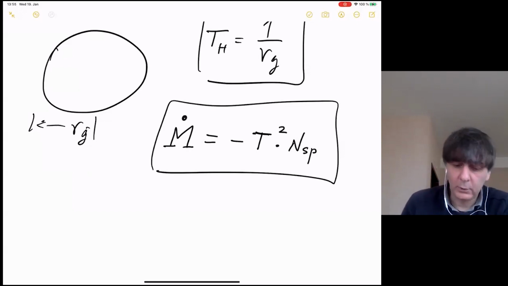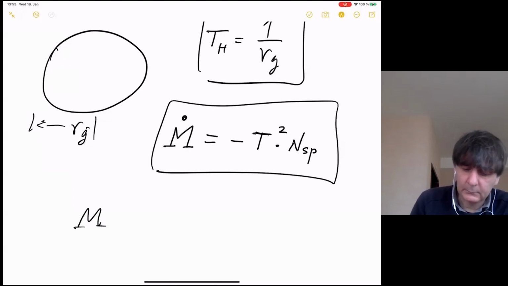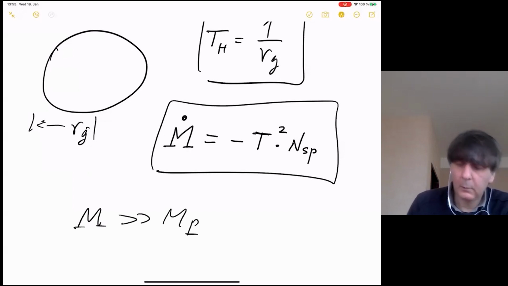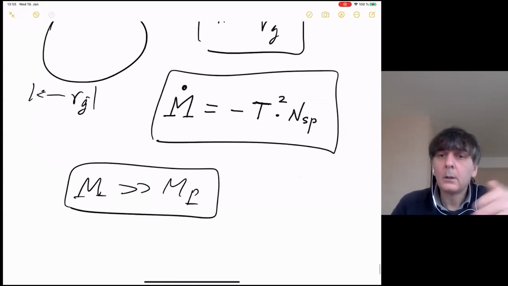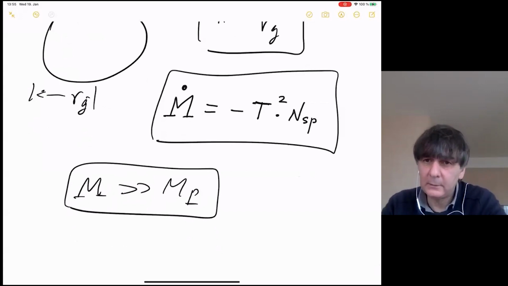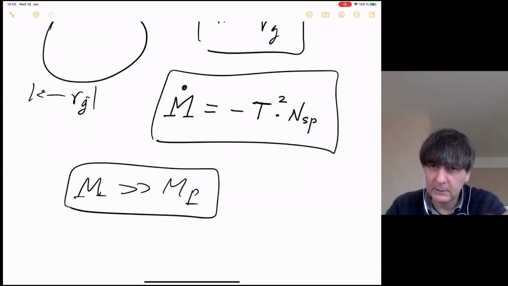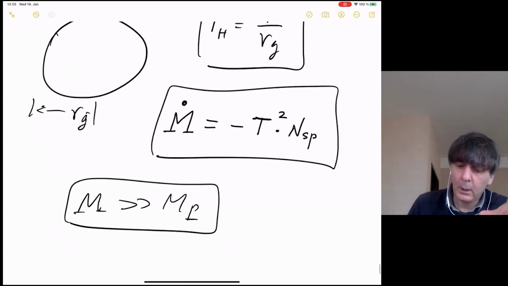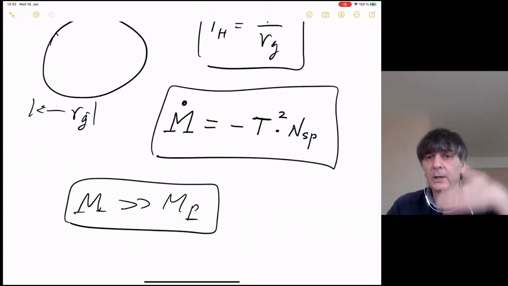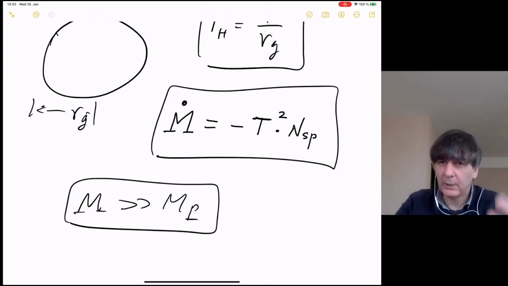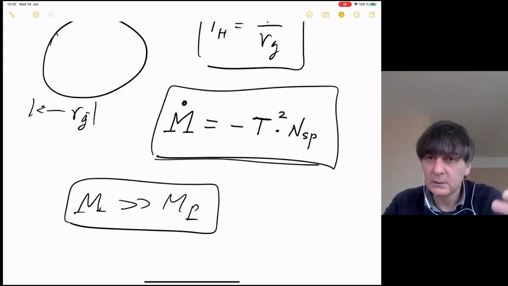So even for finite mass, as long as the mass is much larger than the Planck mass, and we are within the validity of Einstein gravity as an effective field theory, these features of a black hole should be approximately valid. So the corrections to thermality, to the thermal spectrum, and to the evaporation law should be small.